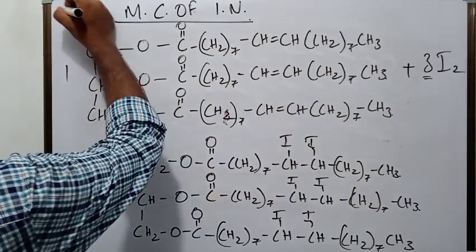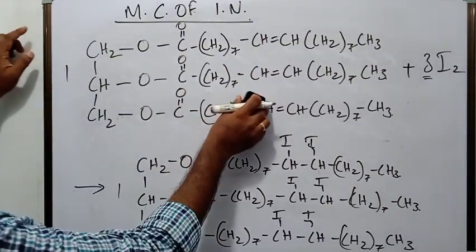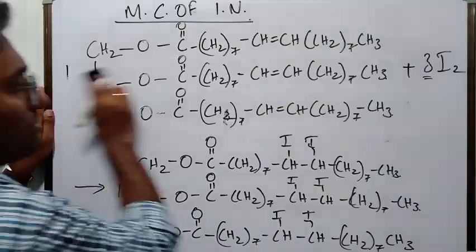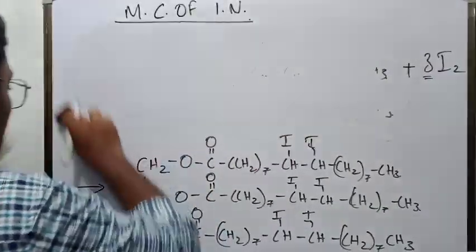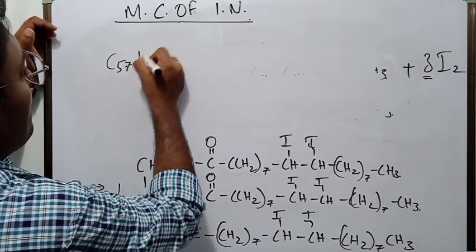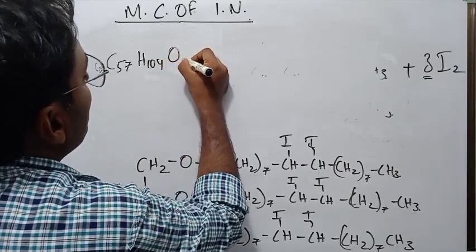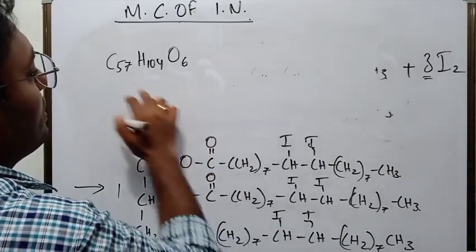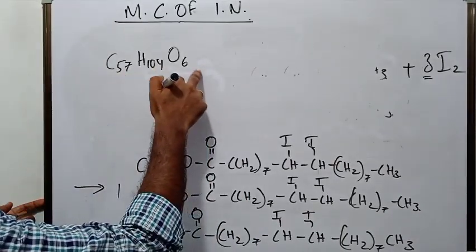The number of carbon atoms is 57, H104 and O6. So that would be C57 H104 O6.